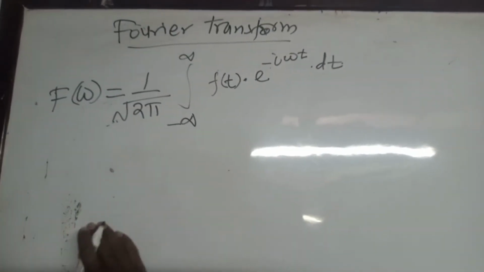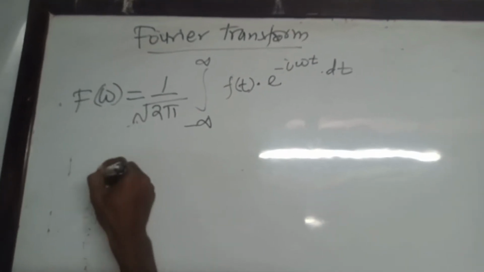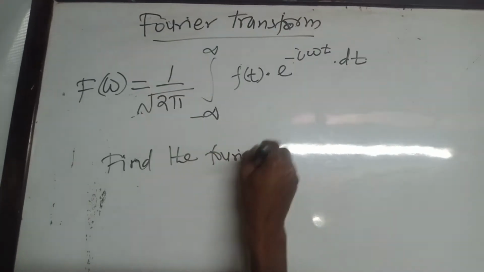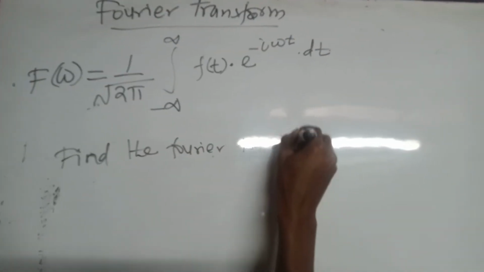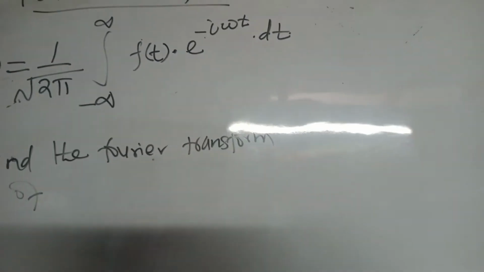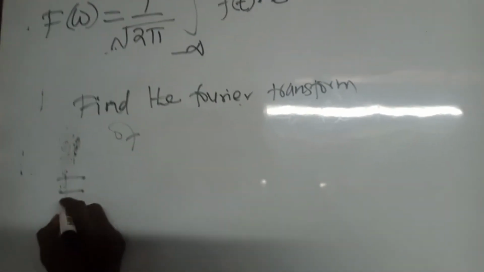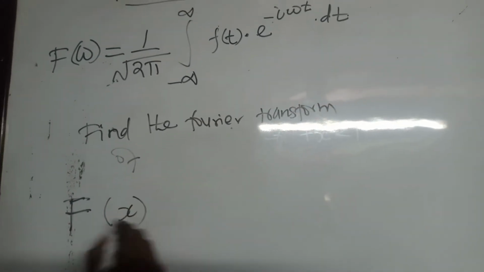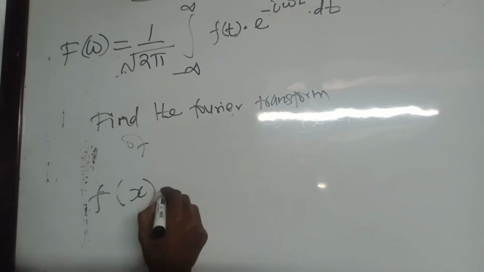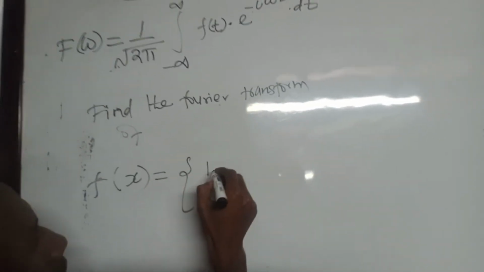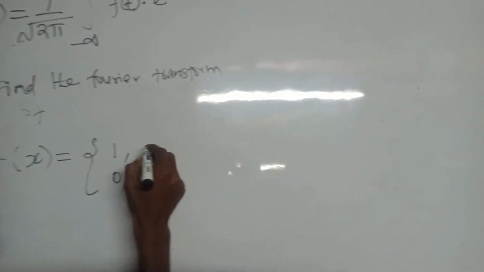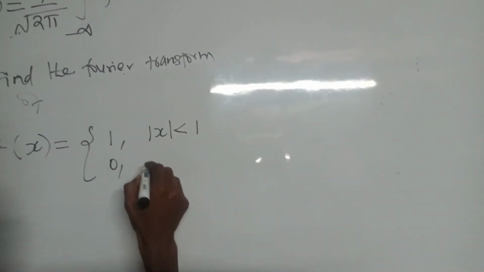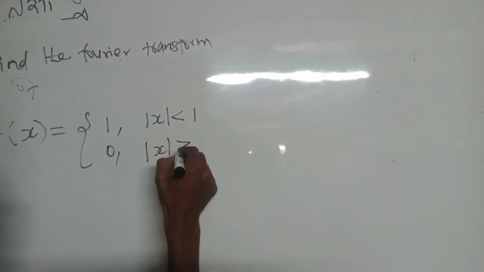And today we want to do an example that says: find the Fourier transform of f of x, which is equal to 1 when the modulus of x is less than 1, and 0 when the modulus of x is greater than 1.